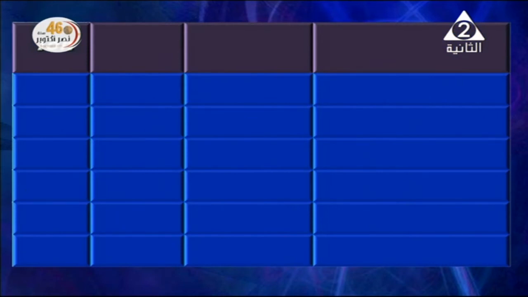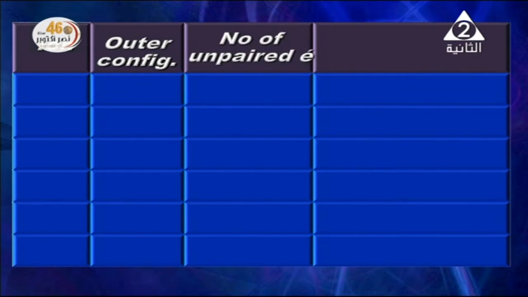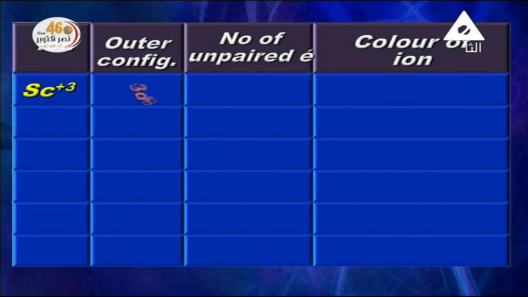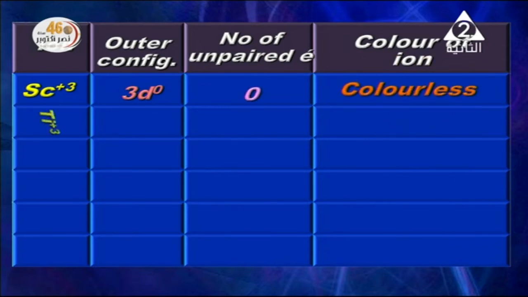So, my dear student, the following table shows the number of unpaired electrons in the ion, and so whether it is colored or not. Here, scandium positive 3: the outer configuration of the 3d sublevel is empty, so no unpaired electron, so it is colorless. Titanium positive 3 has 3d1, so 1 unpaired electron, so it is colored and has red violet color.